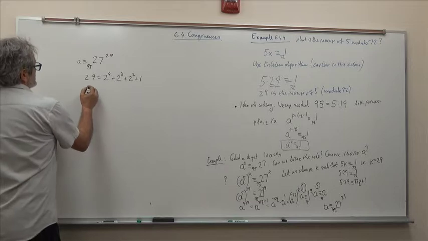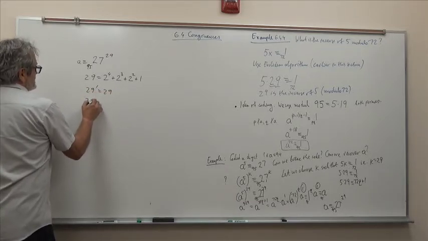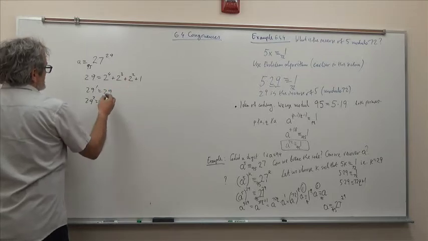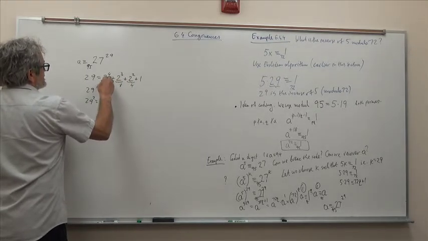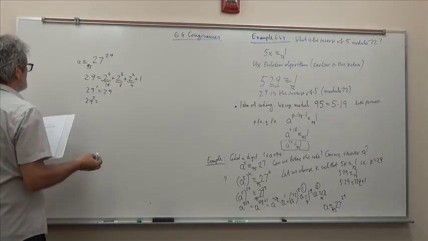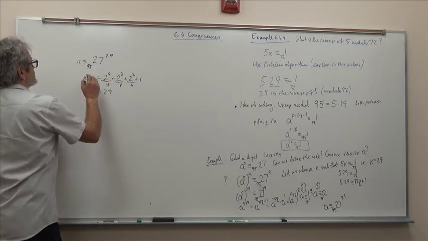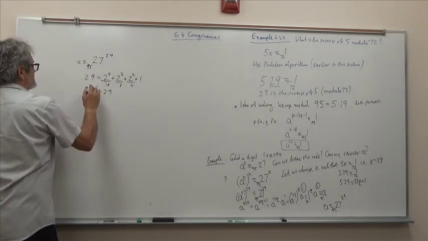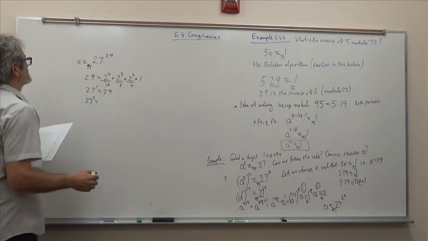So generally, 29 to the 1 is just 29. I don't need 29 squared, because I need 4, 8, 16, but I have to calculate them. I'm raising 27 to these powers.